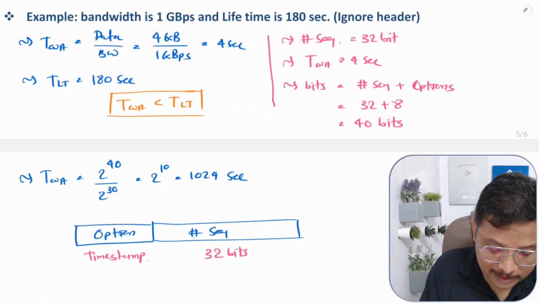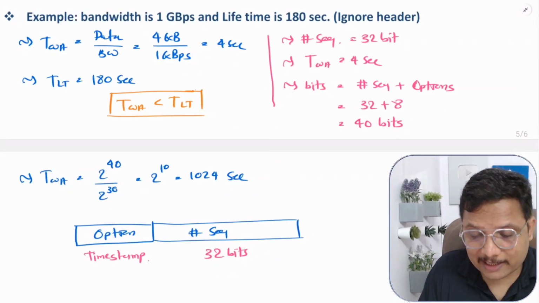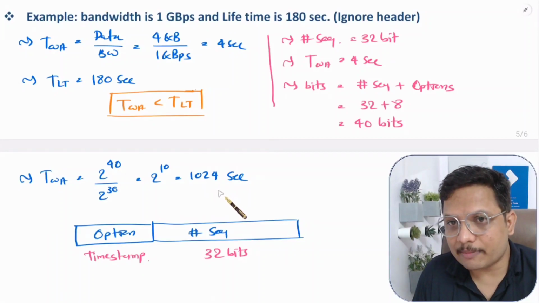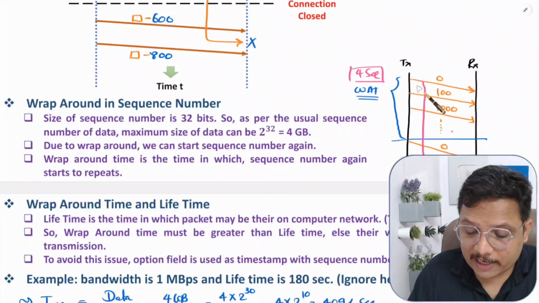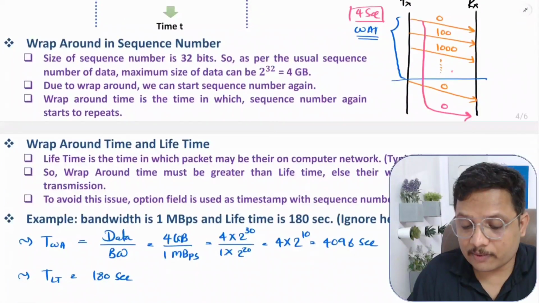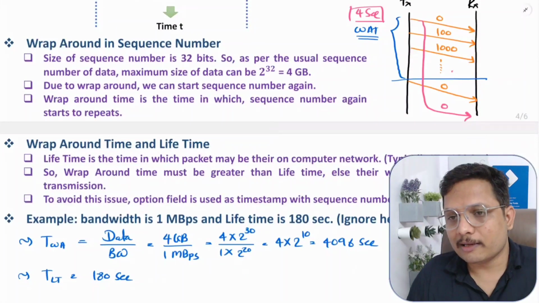As we increase the total size of data, wrap up time gets increased. And as wrap up time increases, the issue of this data conflict we can resolve, right?